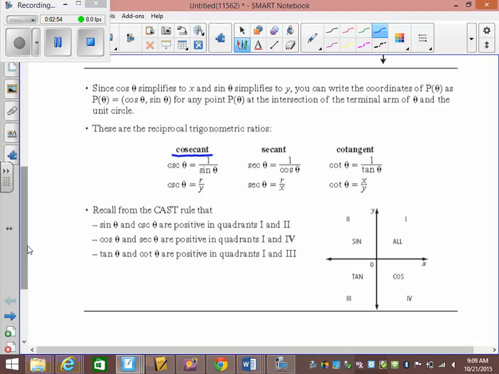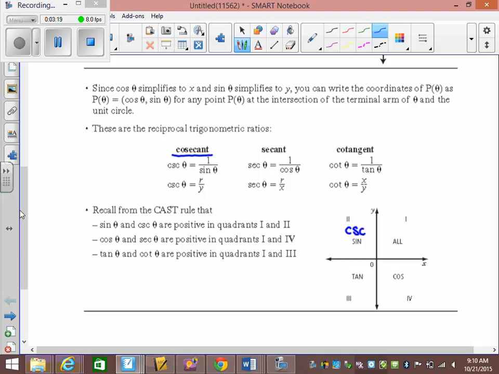They're not friends. Okay. So recall from the CAST rule that sine theta and cosecant theta are positive in quadrants 1 and 2. Remember that you guys know CAST, C-A-S-T, right? Well, the reciprocal of sine is cosecant. So cosecant follows the same rules as sine. If sine is positive in 2 and 1, cosecant is positive in 2 and 1.